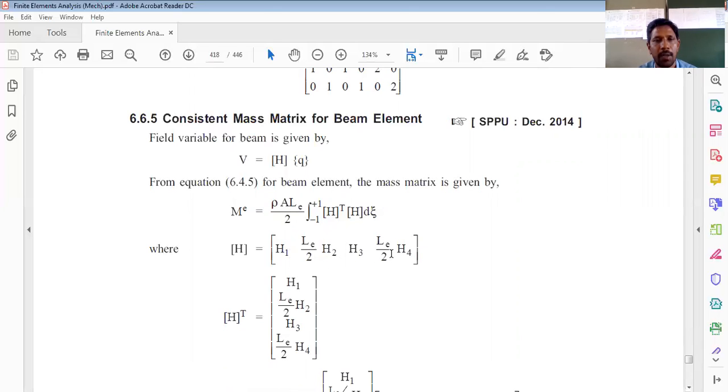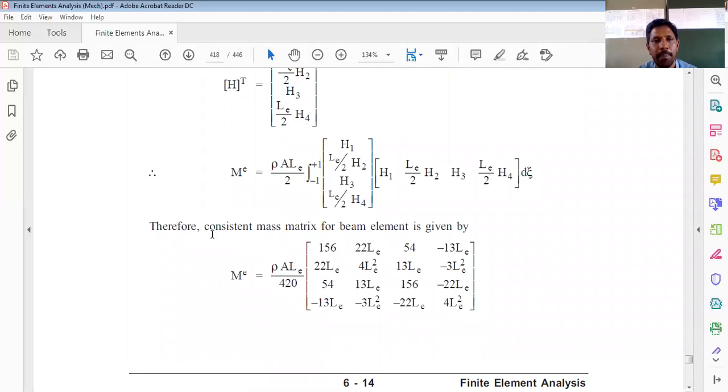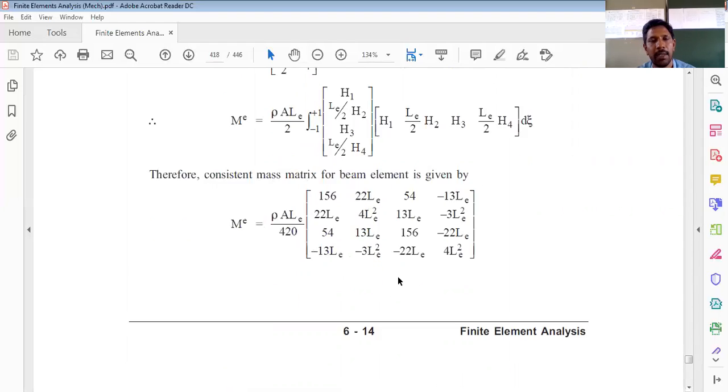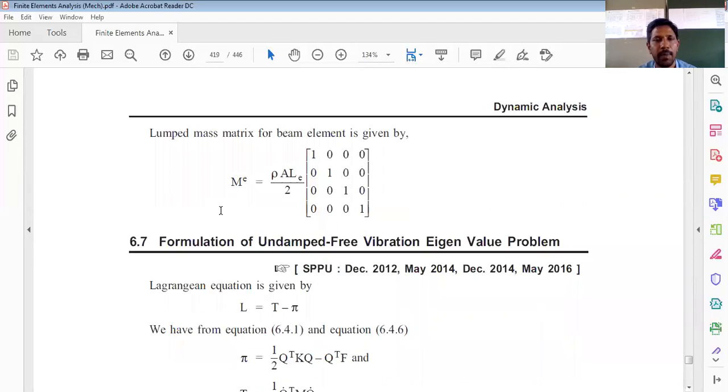H2 and H4 are multiplied with L because they are slopes. When you multiply and simplify by taking H1, H2, H3, H4, we will get the consistent mass matrix of the beam element by this equation. And we can also have the lumped mass matrix for beam. So these are the set of derivations in case of beam element.